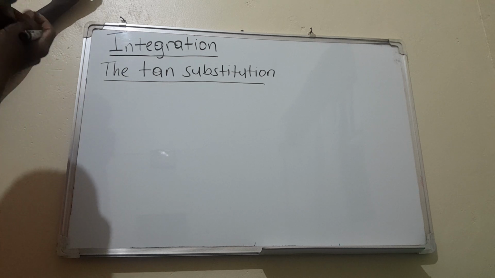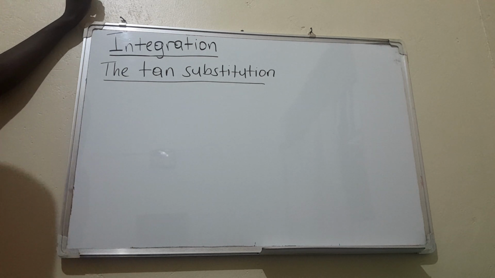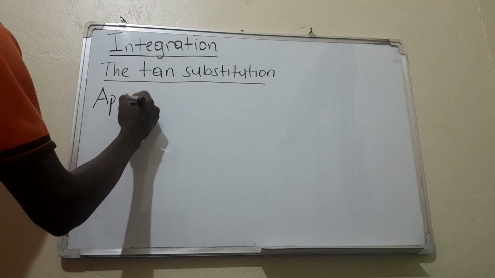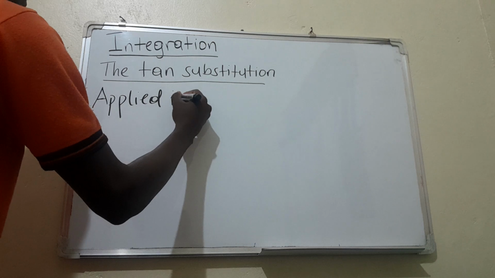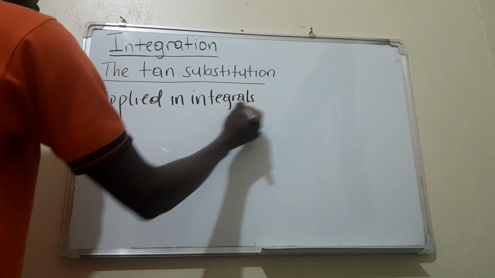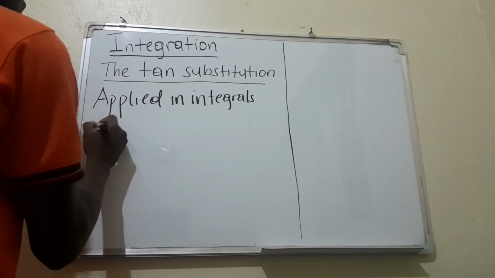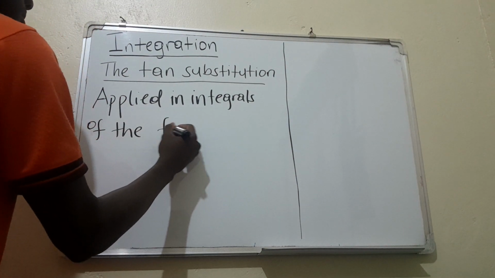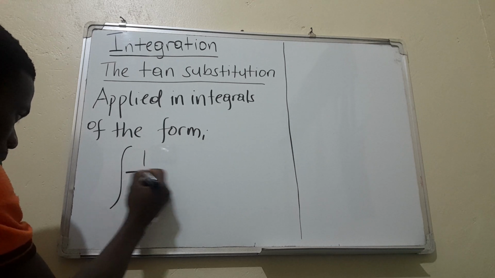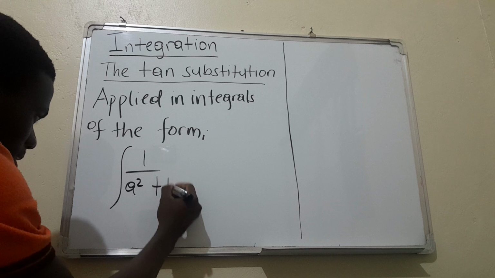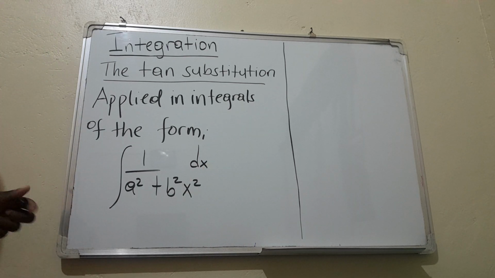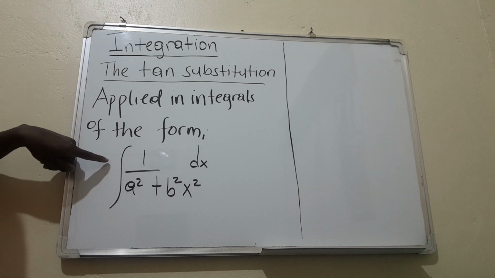The tan substitution is basically applied when evaluating integrals of the form 1 over a squared plus b squared x squared dx. So we apply tan substitution for integrals of this kind.